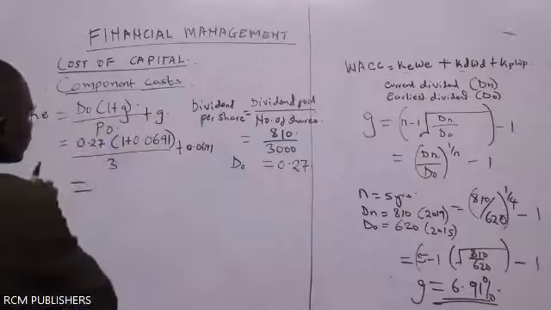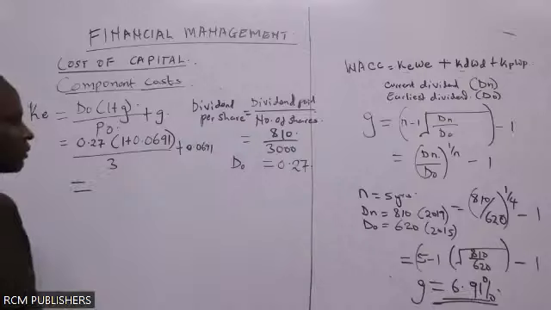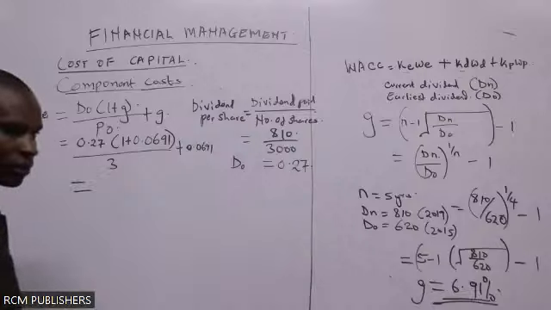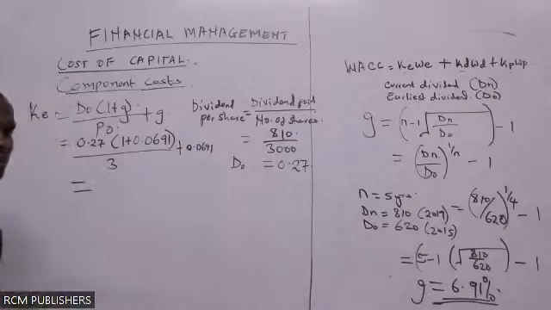This is for ordinary share. For retained earnings, you also have the other. So how much are you getting as the KE? How much are we getting as our KE?